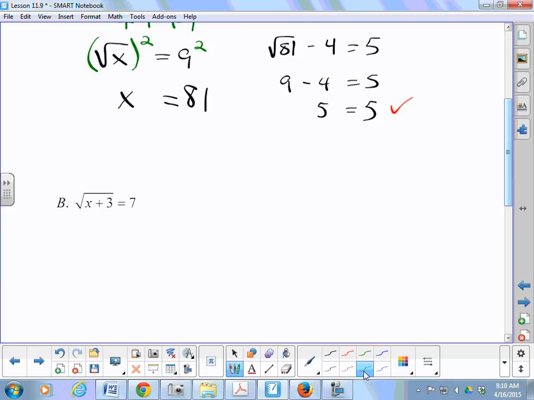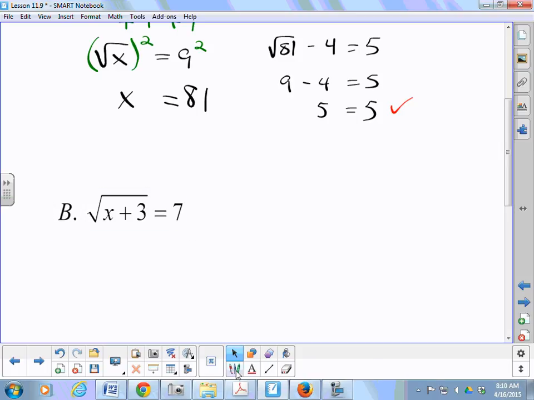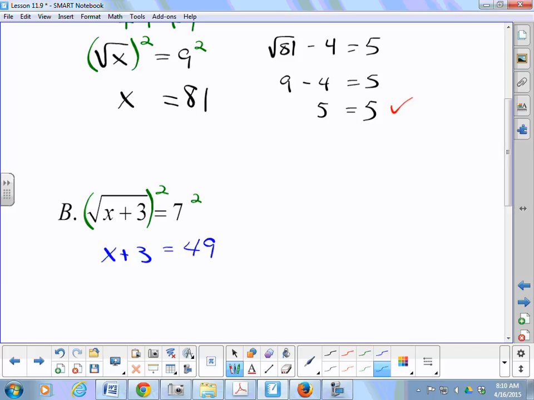No. So in this case, we're just going to square both sides again. Since there's nothing else there, the radical has already been isolated. It's by itself. So we need to get rid of that radical symbol by squaring both sides. And then we can get rid of the 3.